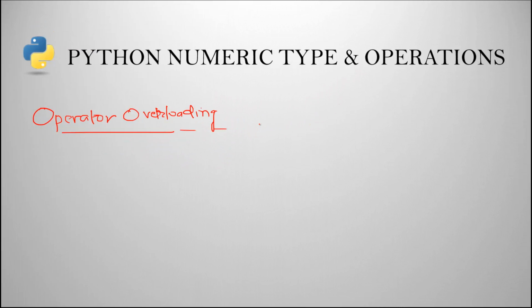Operator overloading. Python itself automatically overloads some operators such that they perform different actions depending upon the type of built-in object being processed. For example, the plus operator performs addition when applied to numbers, but performs concatenation when applied to sequence objects such as strings and lists.